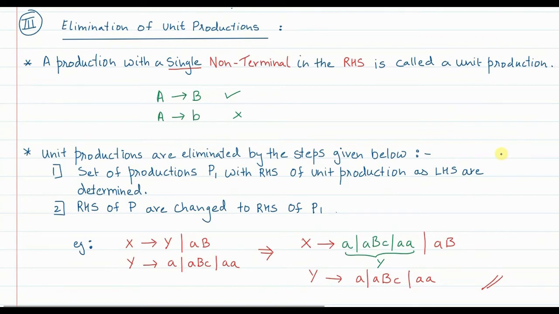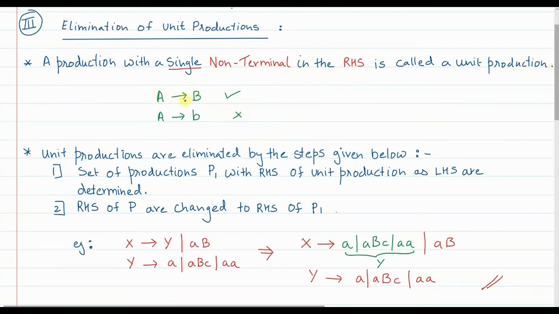Having seen how to eliminate the null productions in the grammar, the third step of transformation is called elimination of unit productions. Now, what is a unit production? The definition says a production with a single non-terminal on the right hand side is called a unit production.